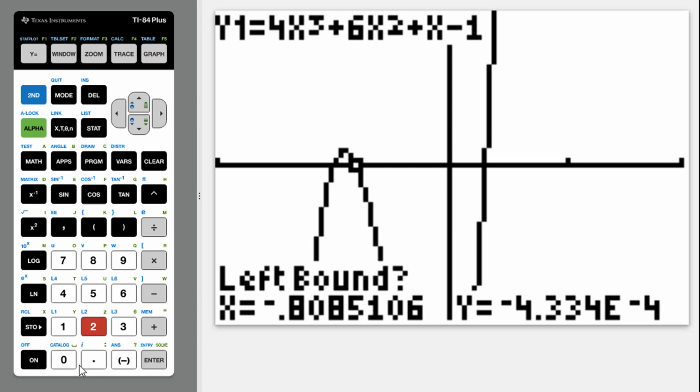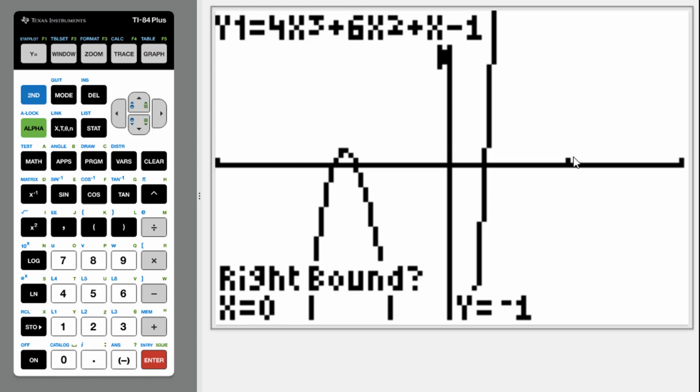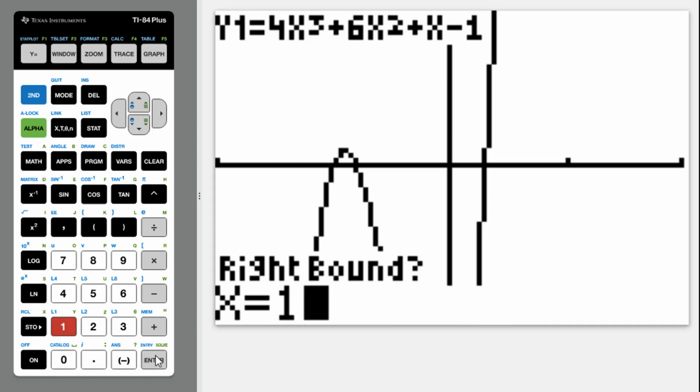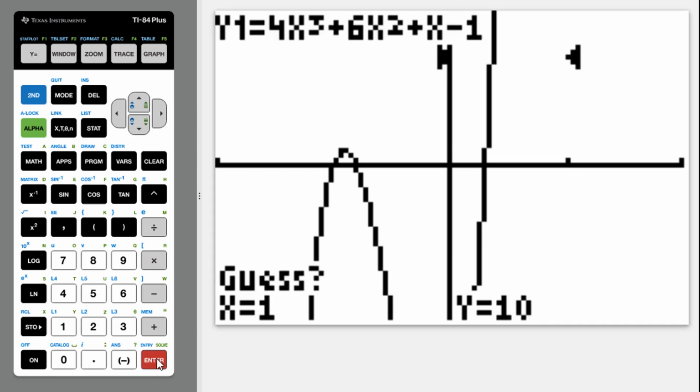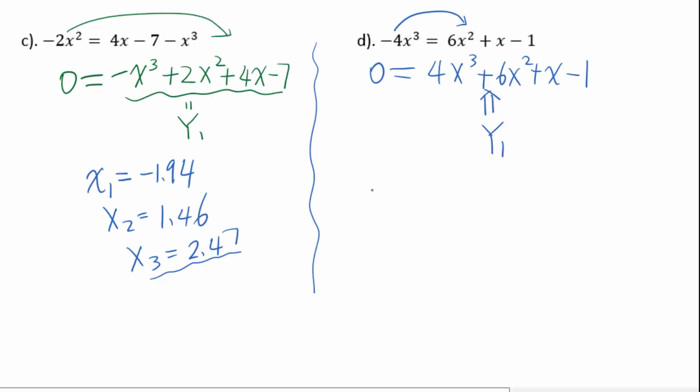This will be 0, the left bound. Right bound, this is 1. Then enter. Your answer will be 0.309. So we write down the solutions. x1 equals negative 1. x2 equals negative 0.809. x3 equals 0.309.